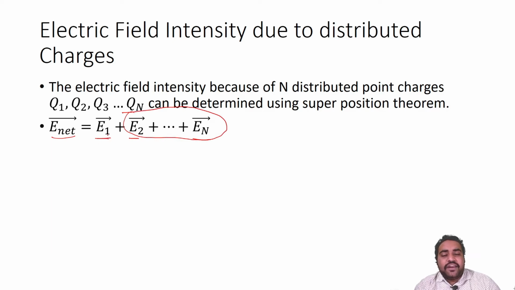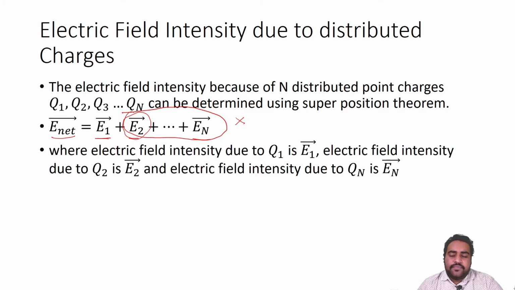That is, when E1 bar is being determined, all other sources, all other charges, are kept 0. Similarly, when E2 bar is being determined, all other charges are assumed to be 0, and we determine the electric field intensities and we add them. This is just an application of the superposition theorem.